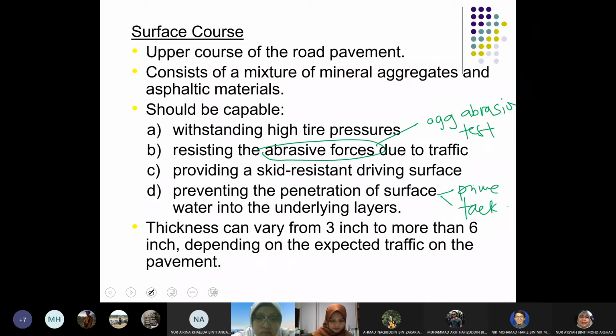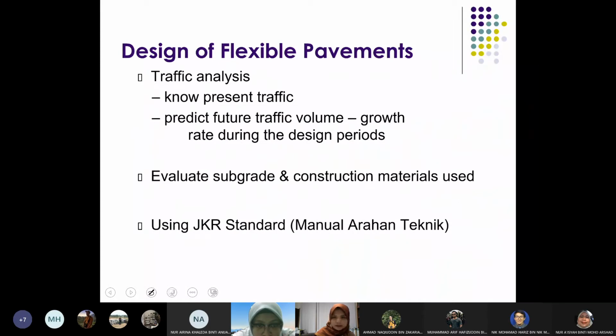Thickness can vary from 3 inch to more than 6 inch, depends on the expected traffic on the pavement. Ini kita design nanti, yang dalam chapter 5.3 yang saya akan bagi video lepas ni. This is the design pavement. Traffic analysis, know the present traffic. So in order for you to design, di 5.3 nanti you nak design ketebalan setiap satu ni.